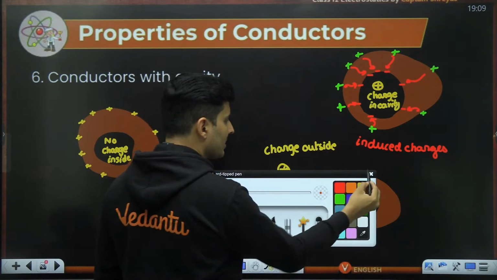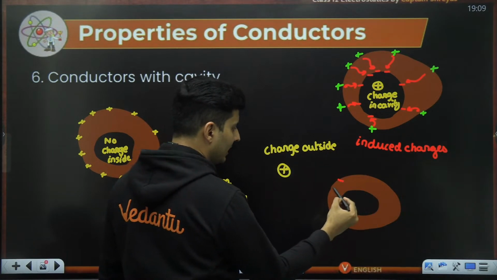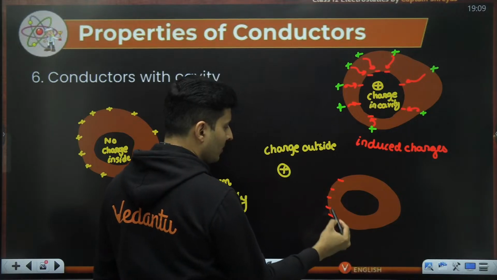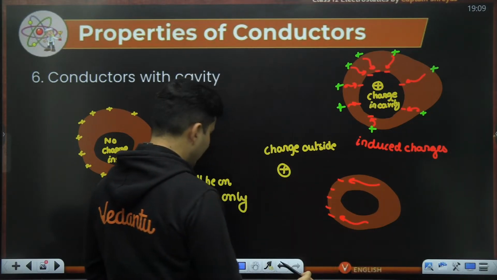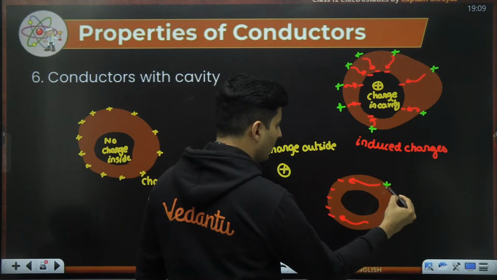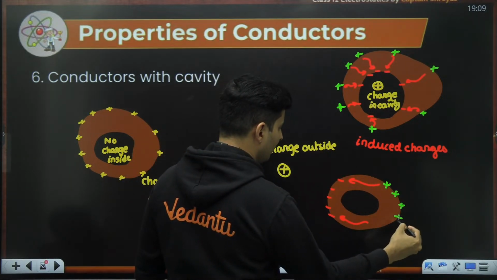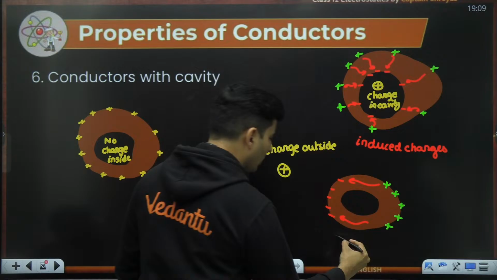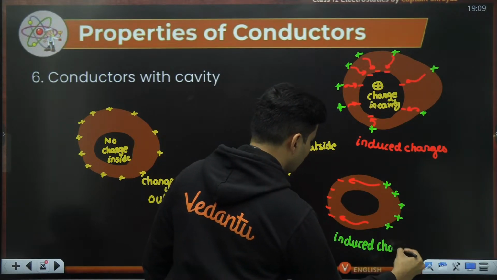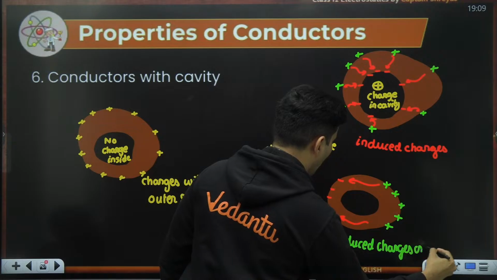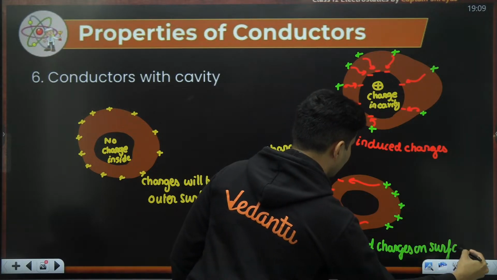Then you will notice this positive charge will start attracting the electrons like this, and these electrons would have left their individual atoms, creating an equal amount of positive charge on the other side. These are also induced charges on the surface.